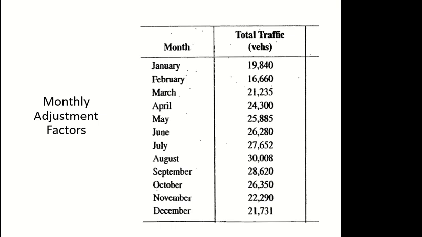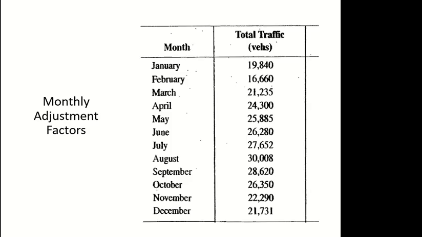If I want to calculate AADT here, I will take the sum of all these months. Now remember these are not averages, so I will not do sum upon 12, because this 19,840 is not a single value. It is a sum of values for all days in January.